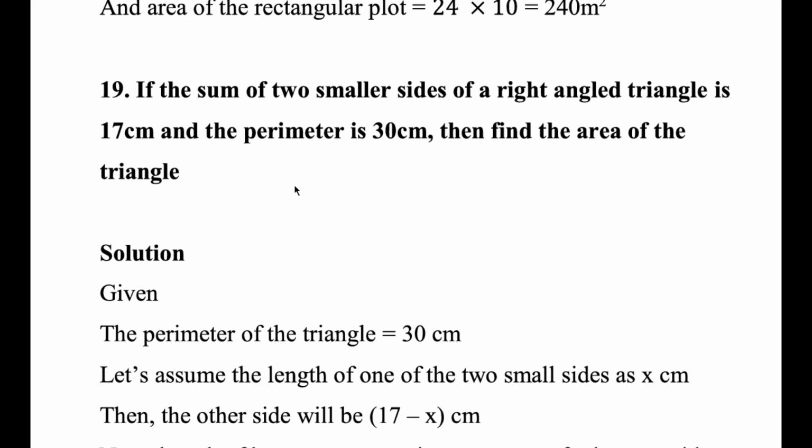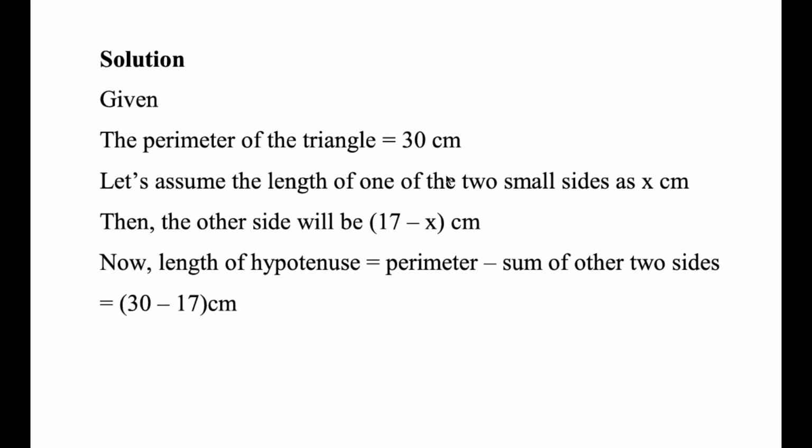If the sum of two smaller sides of a right angle triangle is 17 centimeter and the perimeter is 30 centimeter, then find the area of the triangle. So what is given? The perimeter of the triangle is 30 centimeter.